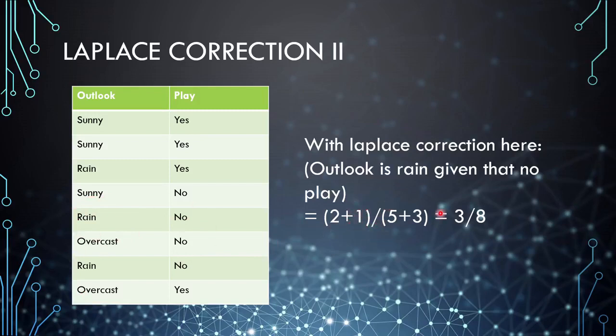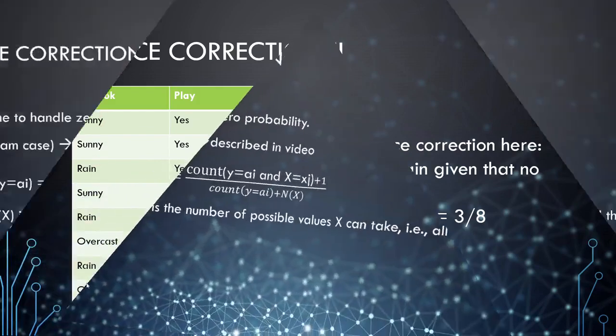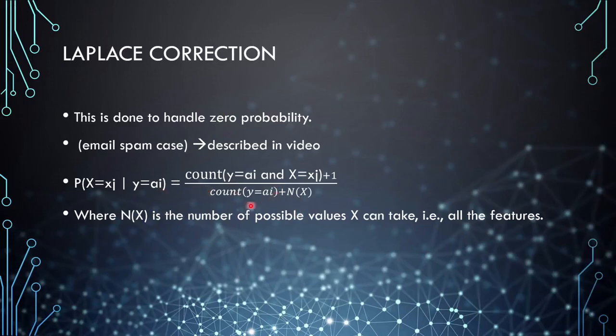Just a second, what was in the denominator? Well, the denominator was the count of y equals ai, so the count of this given condition.